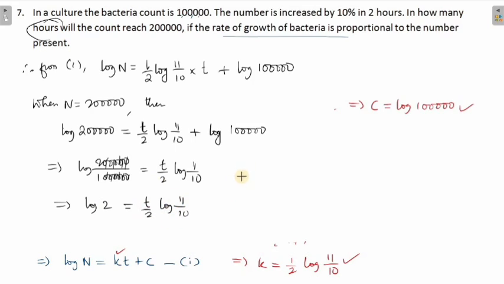Bring this 2 out here. So when you bring this 2 out here, just keep t out here, so you get t equal to 2 log 2 by log 11 by 10. If you want to convert, you can use a calculator, or if you want to leave your answer like this, that is also fine.